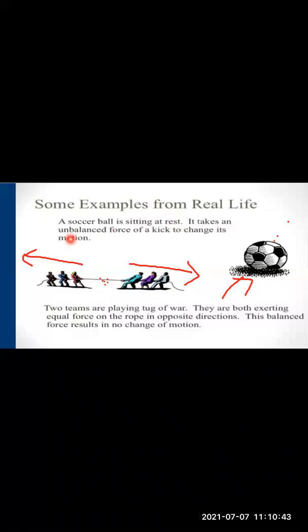It takes an unbalanced force of a kick to change its motion. As long as this unbalanced force was not acting, the soccer ball was at rest. But the moment an unbalanced force, meaning a force in one direction only, is acted on that soccer ball, the soccer ball will tend to move.